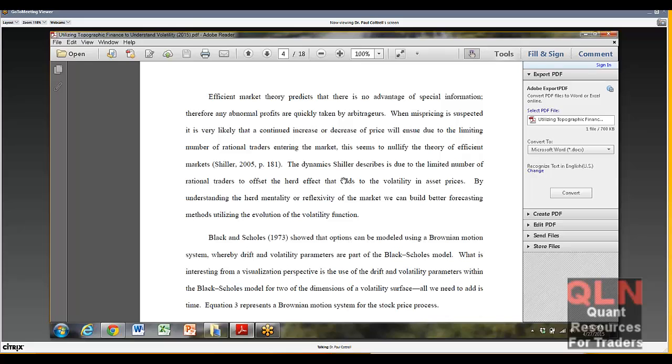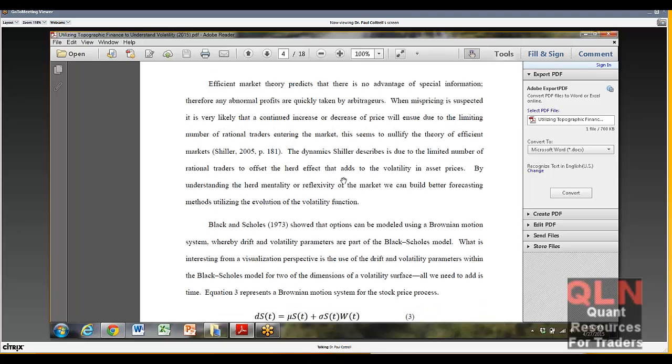You might have rational traders, but irrational traders entering or exiting the market quickly adds a lot of the price volatility, and that's really what's driving the price. So what Schiller is saying lends credence to what we're presenting, looking at volatility and surface volatility to understand price dynamics.